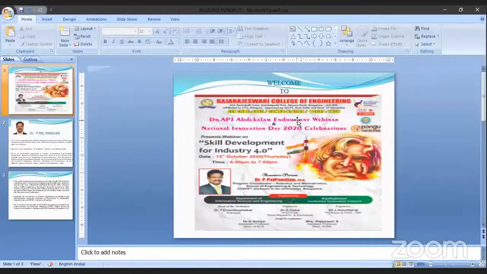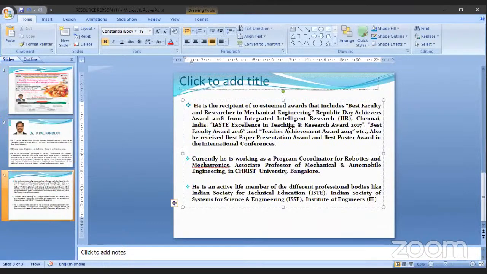He is the recipient of 10 esteemed awards that include best faculty and researcher in mechanical engineering, Republic Day Achievers Award in 2018 from Integrated Intelligent Research, Chennai, India, IASTE Excellence in Teaching and Research Award in 2017, Best Faculty Award in 2016, and Teachers Achievement Award in 2014, etc. Also, he received Best Paper Presentation Award and Best Poster Award in international conferences.